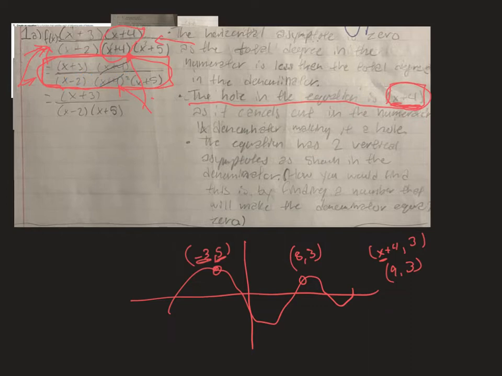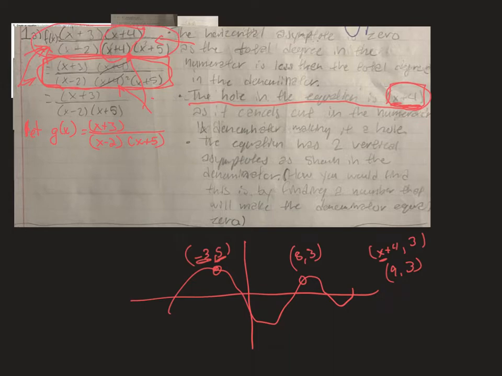So what we need to do is make a new function, and call it, say, let g of x equal x plus 3 over x minus 2 times x plus 5. Right? Now if you actually want to find the hole in f of x, you can use g of x as a tool.